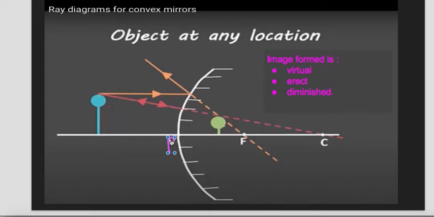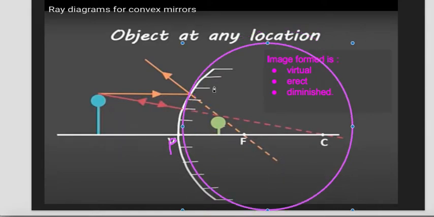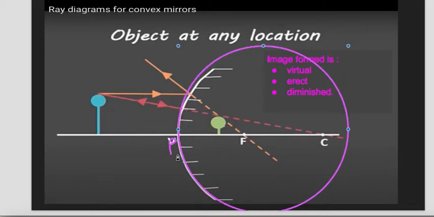If I say it is the midpoint of the aperture, this much part, because out of that whole sphere, if I draw a complete imaginary sphere, what part is available to me? Only this much part is available to me as the convex mirror, whereas the remaining is just the imaginary sphere.